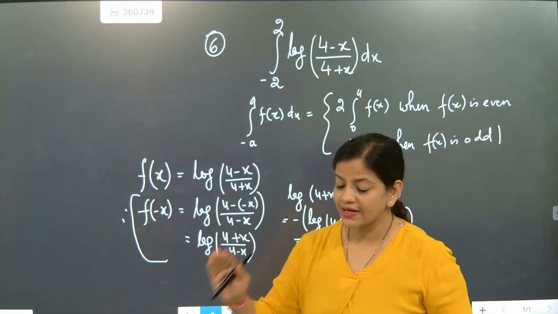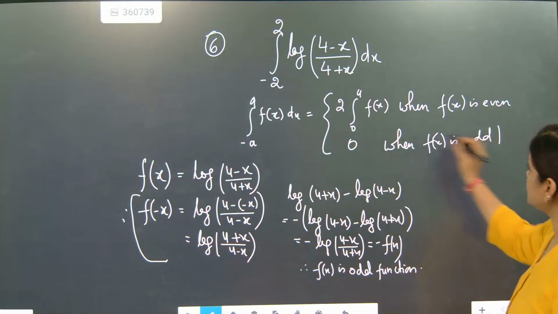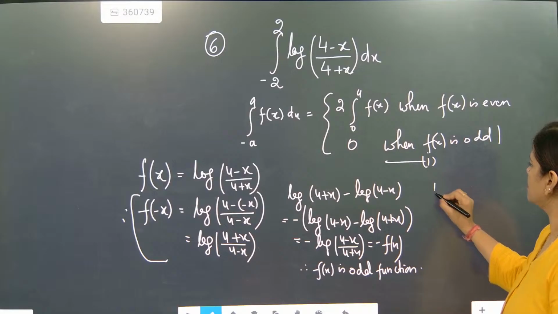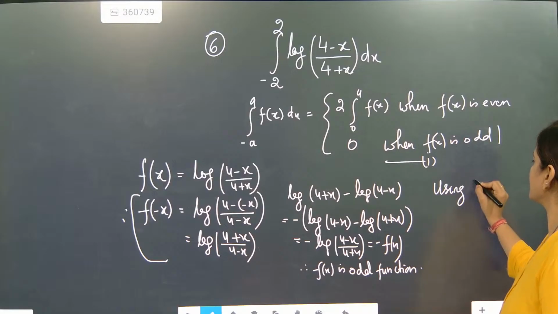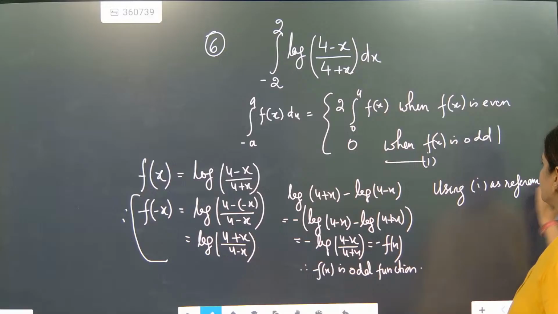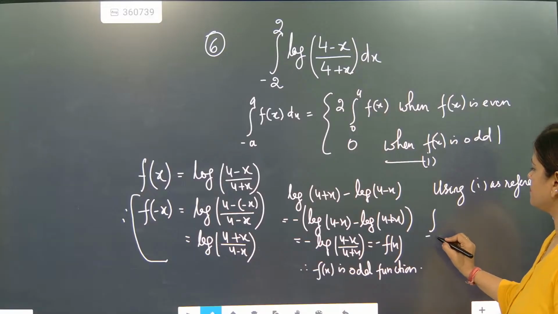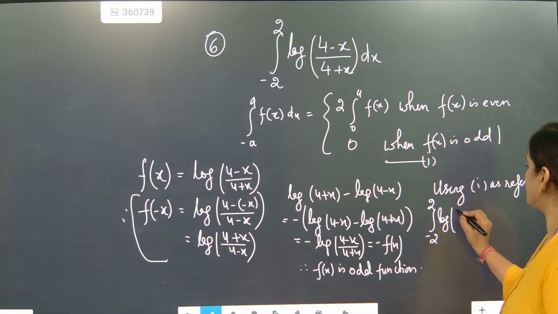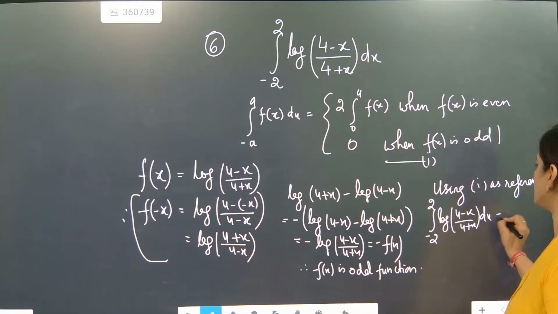Then don't directly write the answer as 0. You write it as equation 1. Then, using 1 as reference, the integral from minus 2 to 2 of log of (4 minus x) by (4 plus x) dx equals 0.